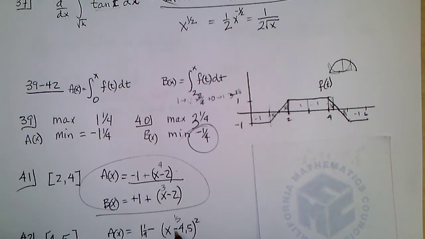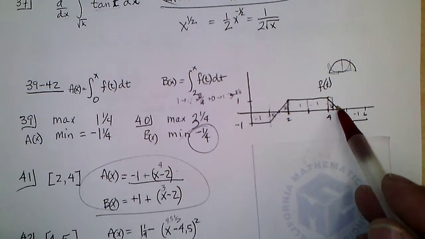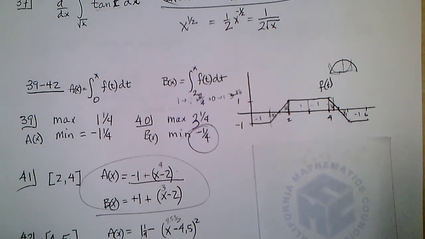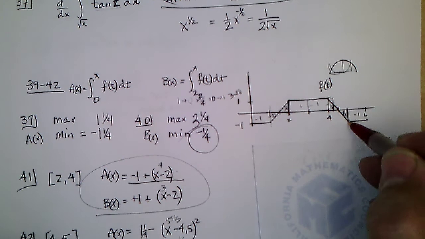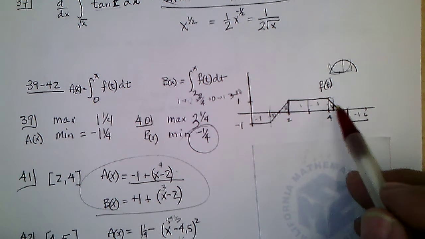Then if I put in 4 1/2, then I get 0 here, and so I got 1 1/4 minus 0, which is what I have right there. And then when I get to here, I put in 5, and 5 minus 4 1/2 is a half. Squared is a quarter, so I have 1 1/4 minus a quarter, which is back to 1, which is what I should have because these two cancel.